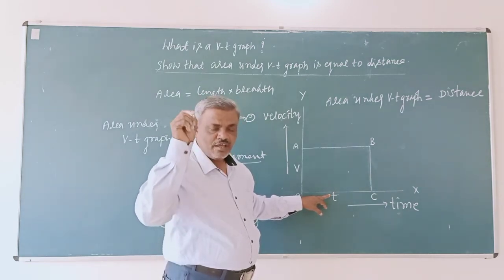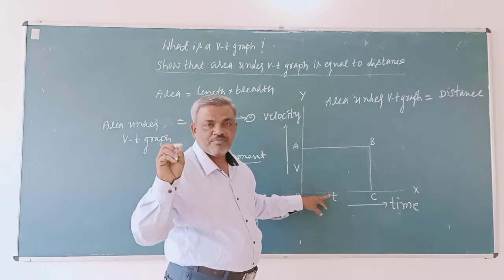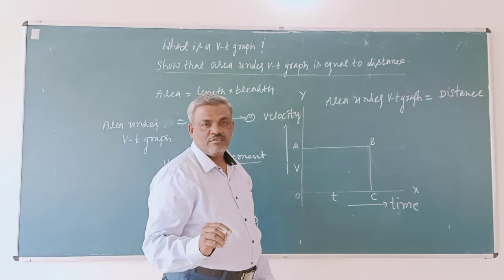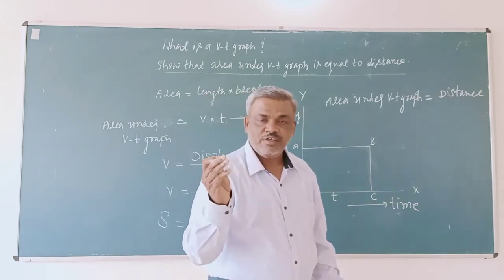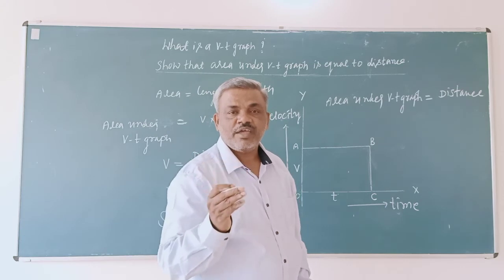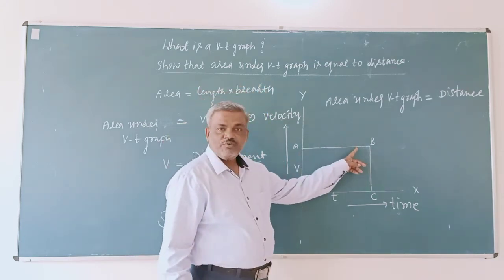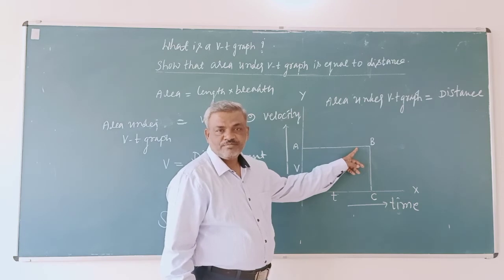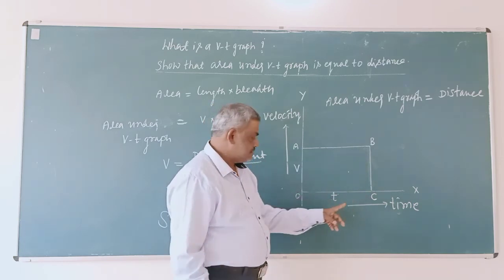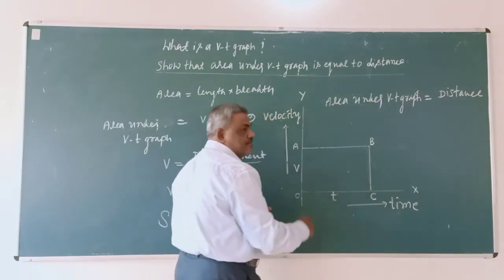Every second or every minute, the vehicle maintains the same velocity, moving in the same direction, covering equal distance in equal intervals of time. That is called uniform velocity. So AB is uniform velocity, parallel to the x-axis. Now join BC.